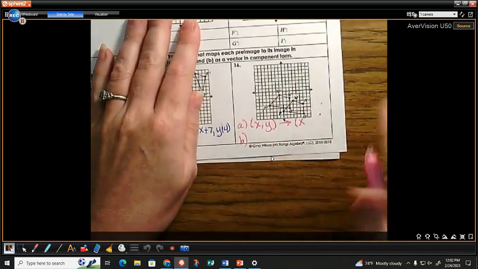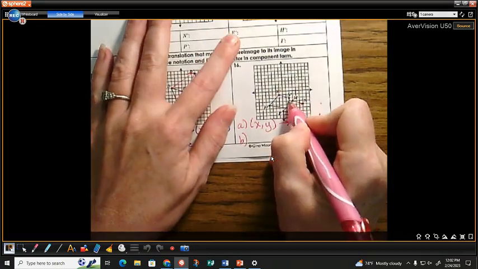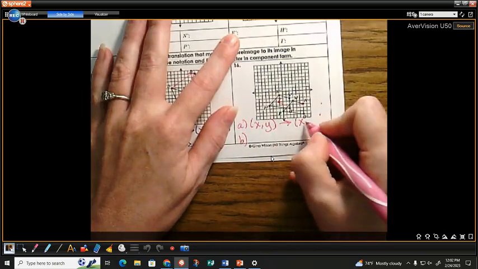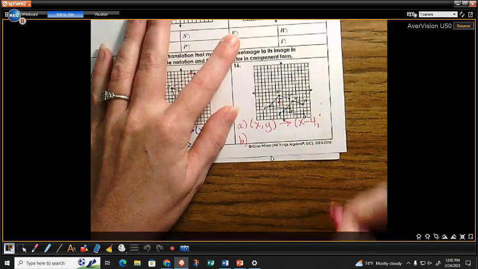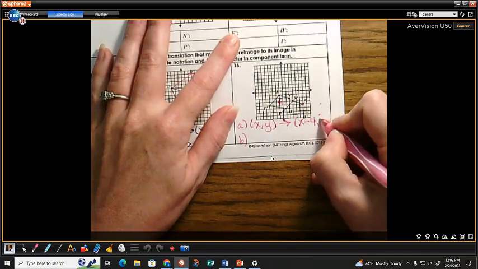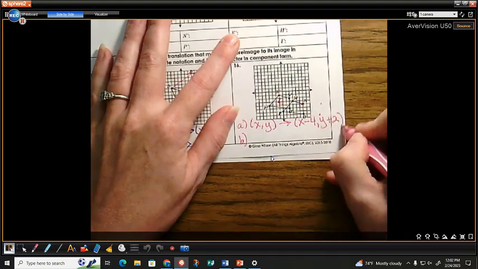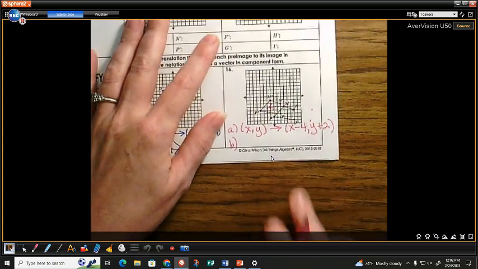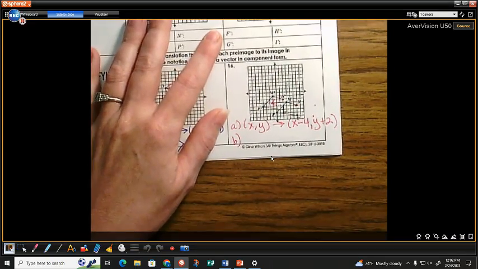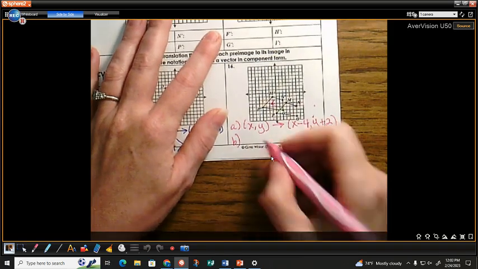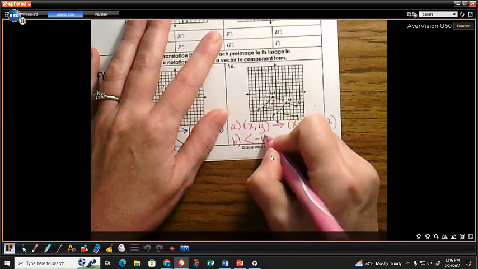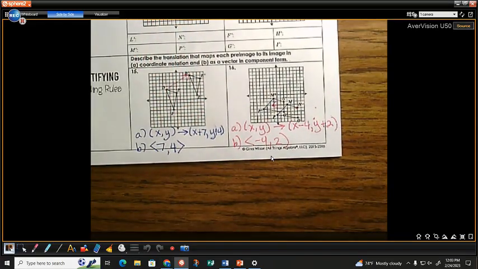But pay attention to your primes. This one, we're starting here and moving this direction, so we're going to be going left 4, and then right plus 2. And so then my vector, last chance for candy. Somebody with a sucker already in their mouth, yes. -4, 2. -4, 2. Okay.